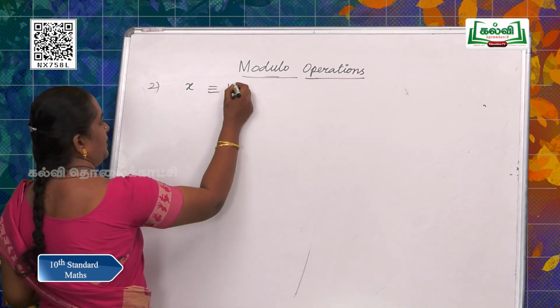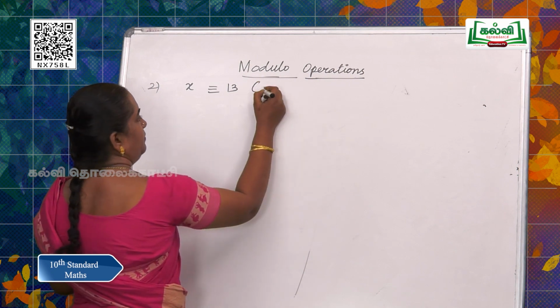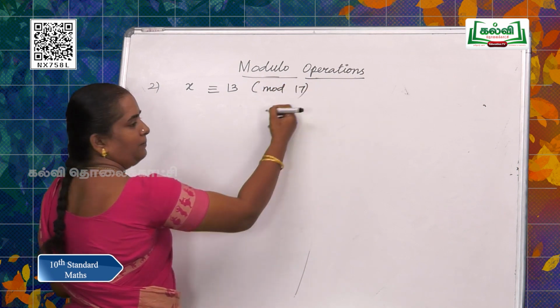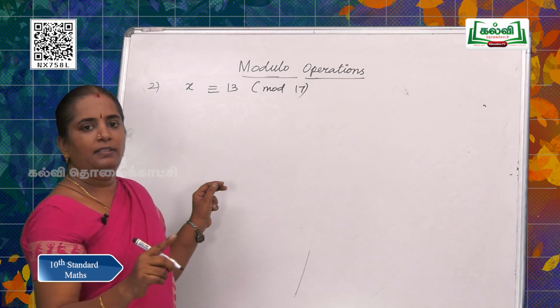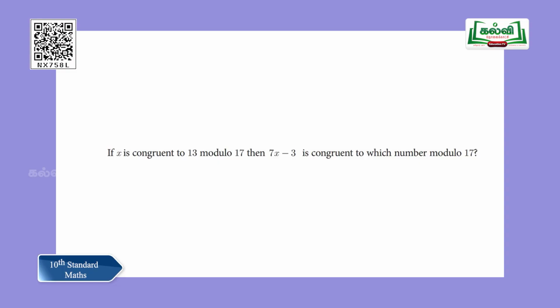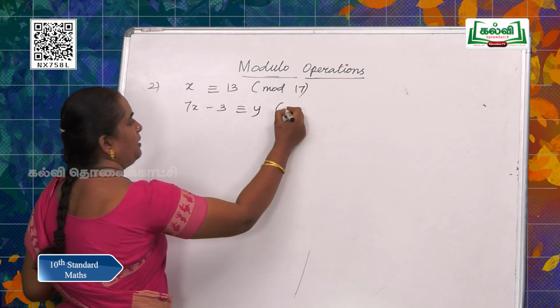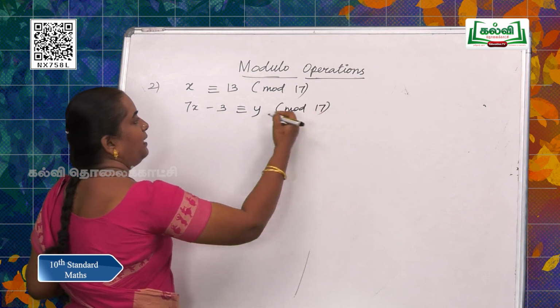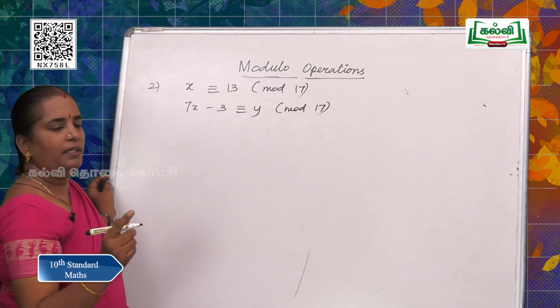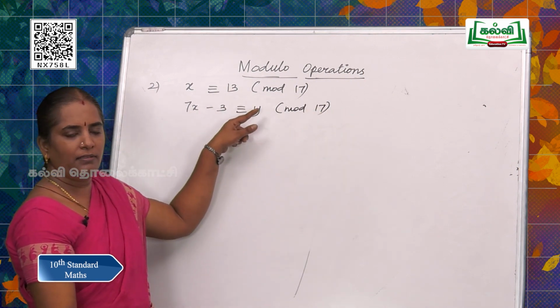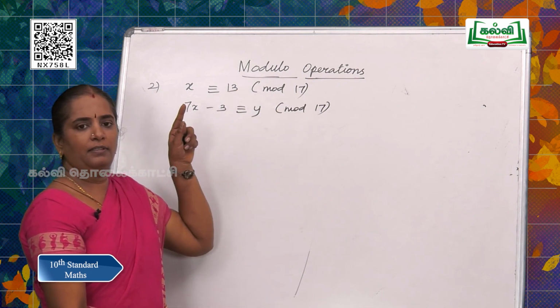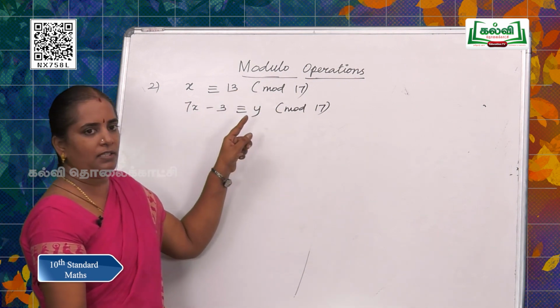If x is congruent to 13 modulo 17, then 7x minus 3 is congruent to which number, modulo 17? As already we have x here, I am going to write y. Have you understood the statement first?